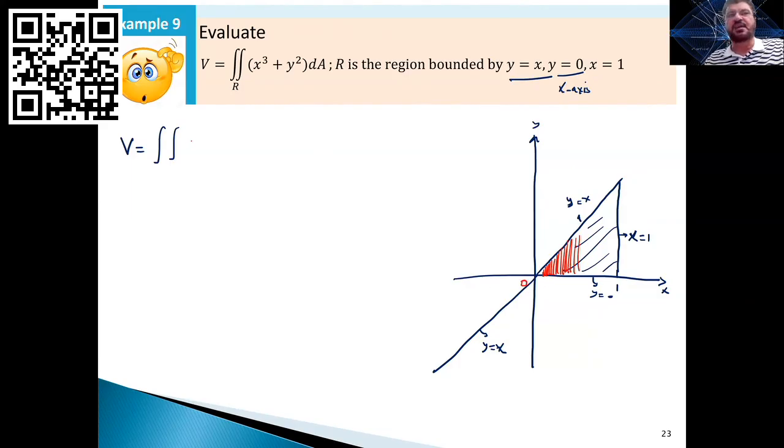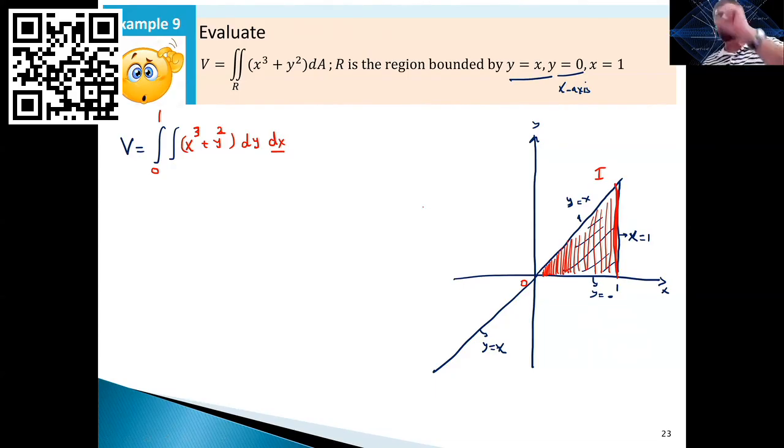So I'm going to say this is x cubed plus y squared, then dy dx, because I took this one as a region of type 1. So for the x, we're going to start from 0, and we're going to stop here, isn't it? The last light is going to be here. So it's going to continue all the way till it stops here at 1.